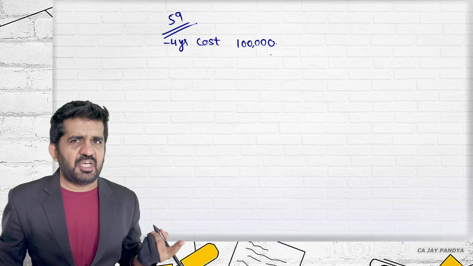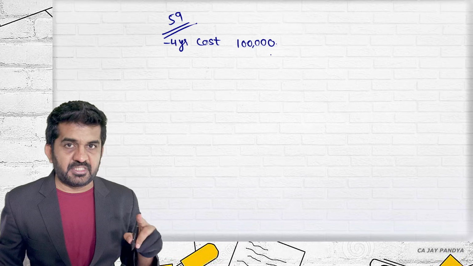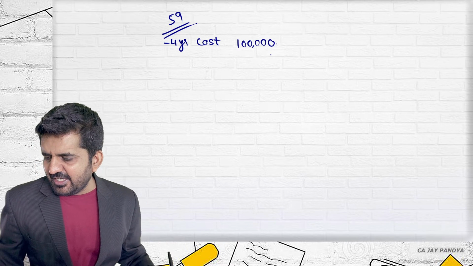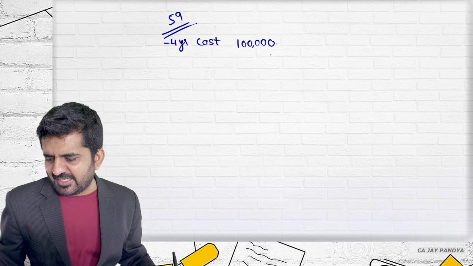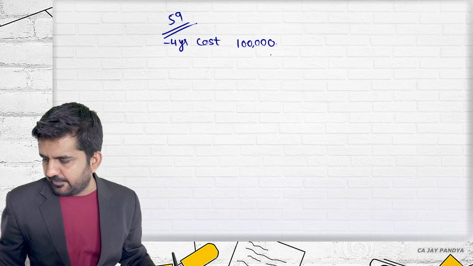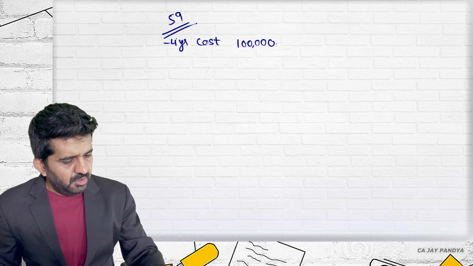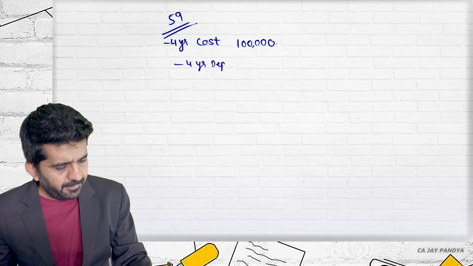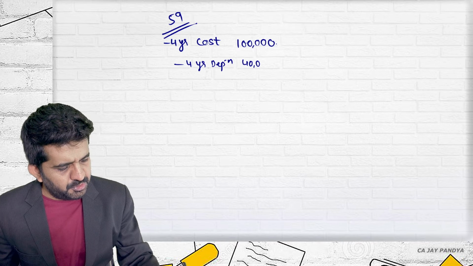So the depreciation provided every year will be 10,000 rupees, that is 1 lakh minus 0 divided by 10. The entity has charged depreciation using SLM at 10,000 rupees per annum. Alright. So 4 years depreciation will be 40,000.